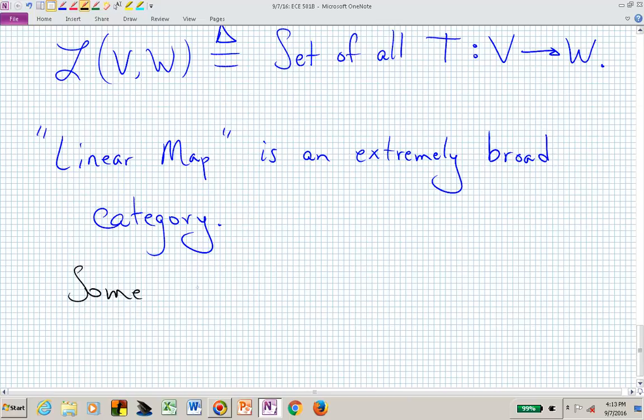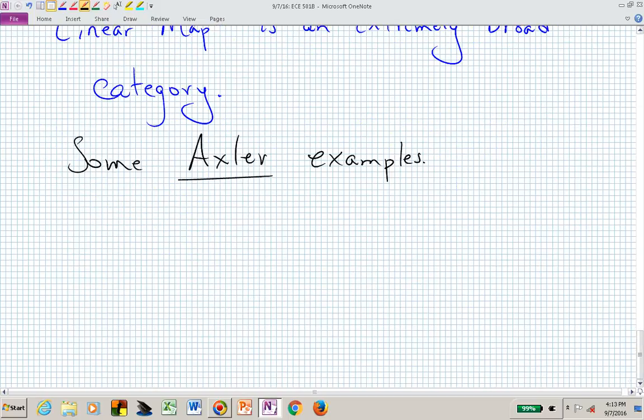To get us thinking about TV, we might like to have some mental concepts in our mind when we hear that linear map term. Here are some examples from the textbook. One linear map could be the zero map.